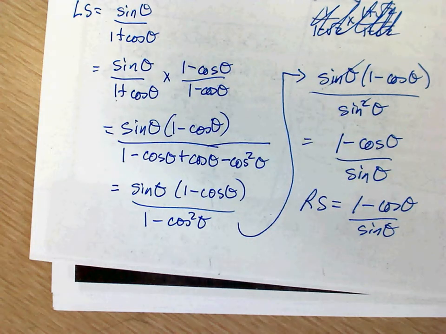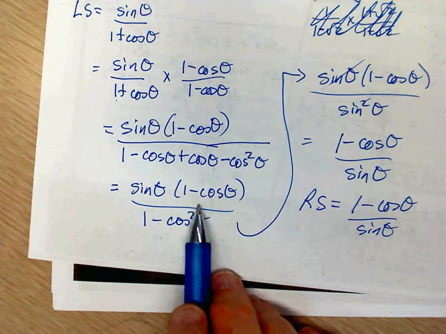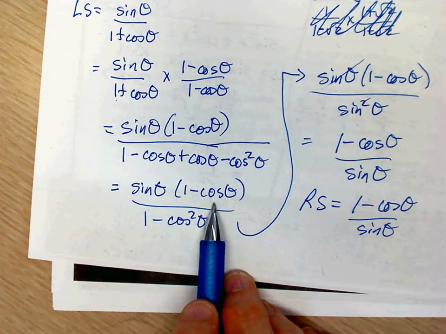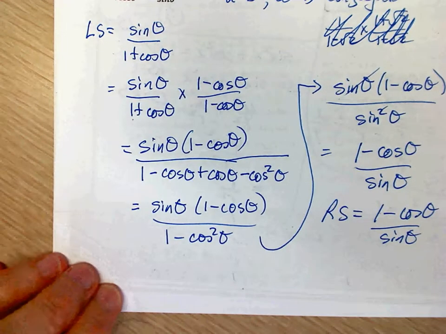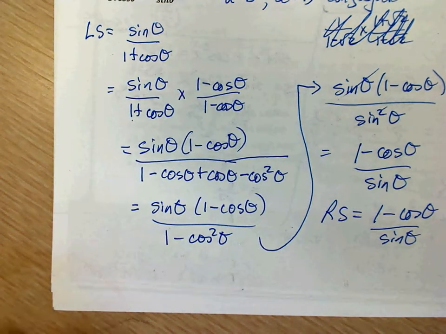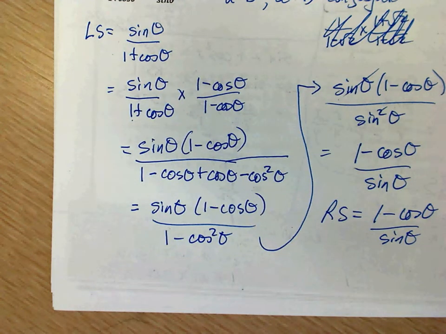Oh, it has to be 1 minus cos squared theta. Right? Good, are we good here?